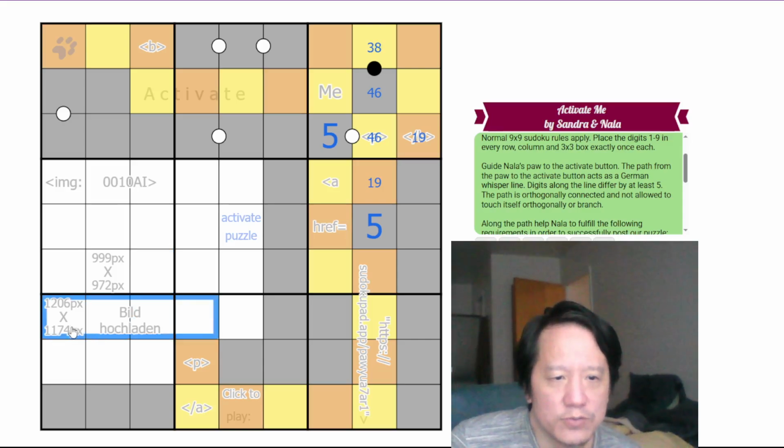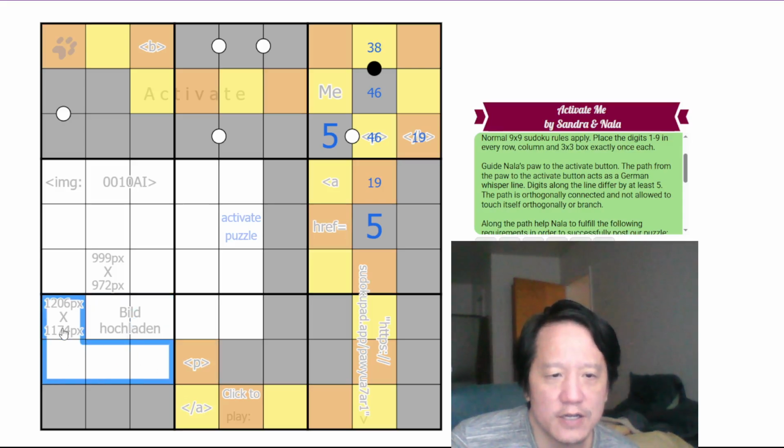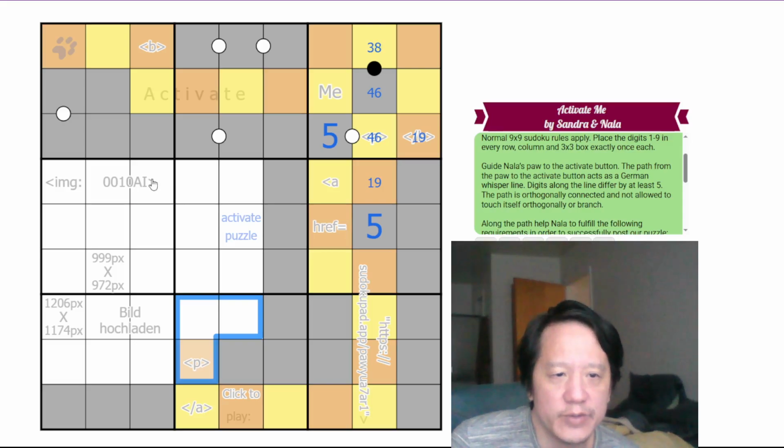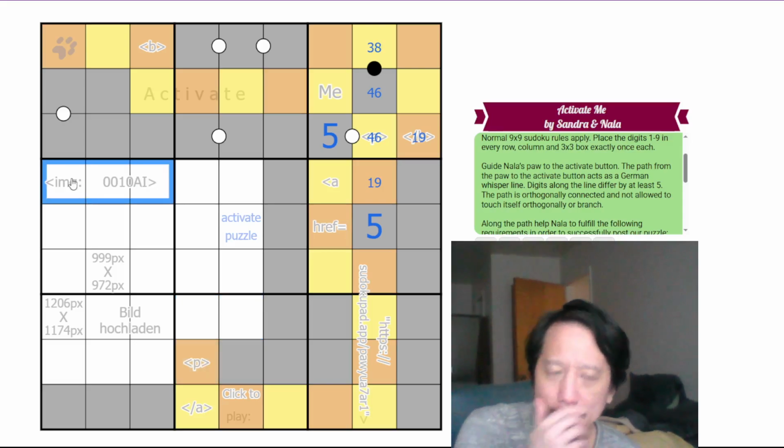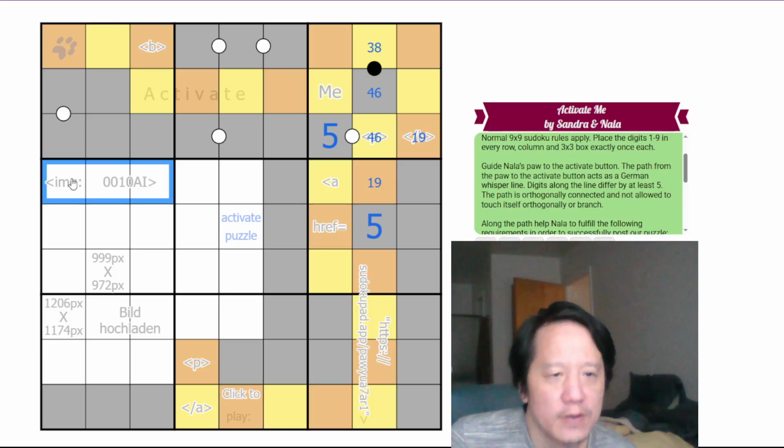I'm not really sure what this part is. Bild hochladen. I don't know what that is. We need the image. So it'd be going from this way.